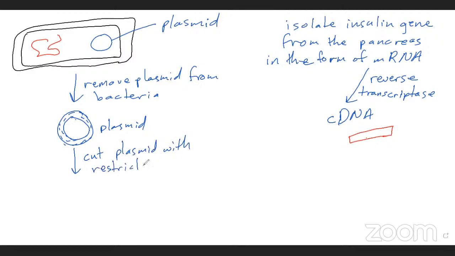Can you repeat the enzyme, please? Here. So the general name is restriction enzymes. So we're going to cut out a portion of the plasmid.